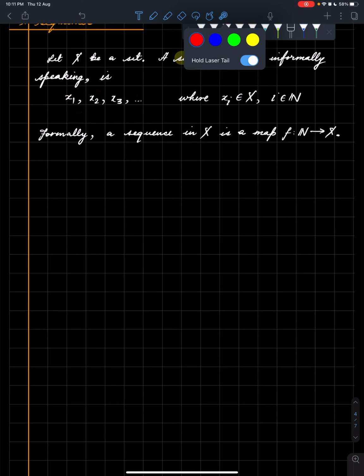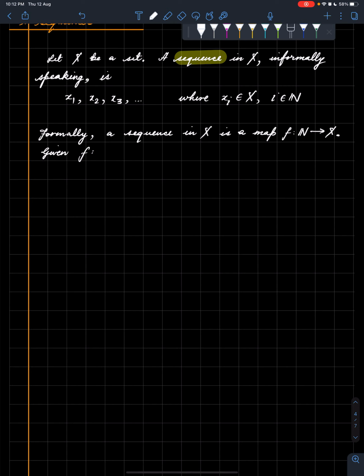Basically, given such a function f, we can define or write x_i to denote f of i, the image of i under f.